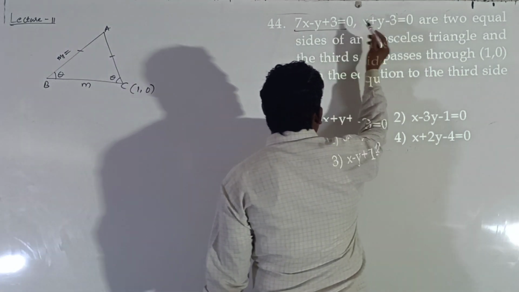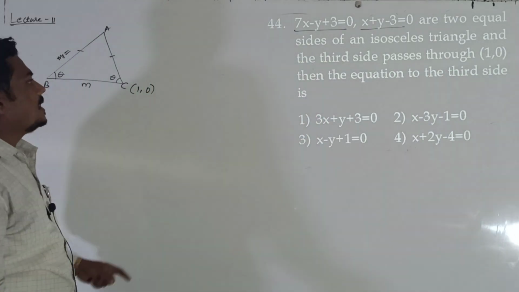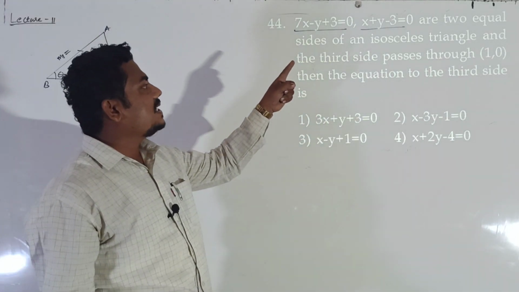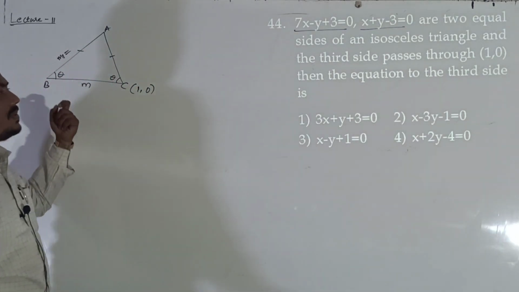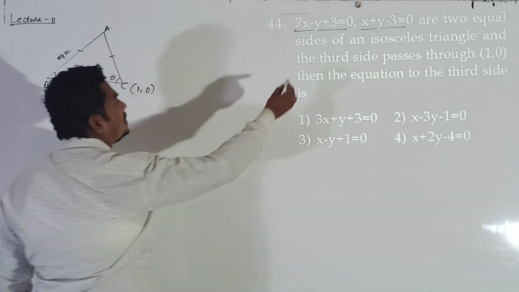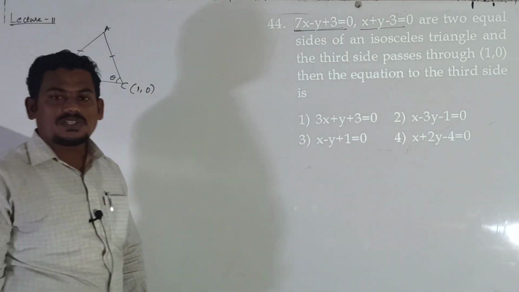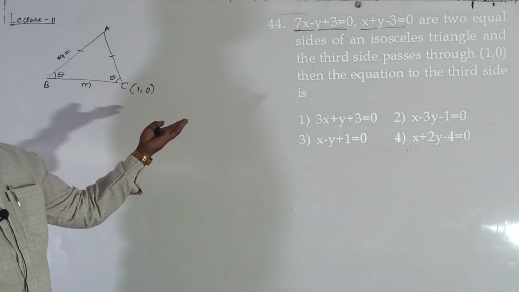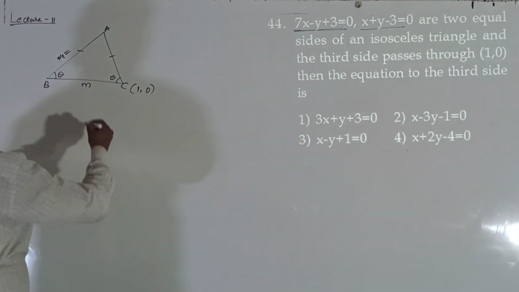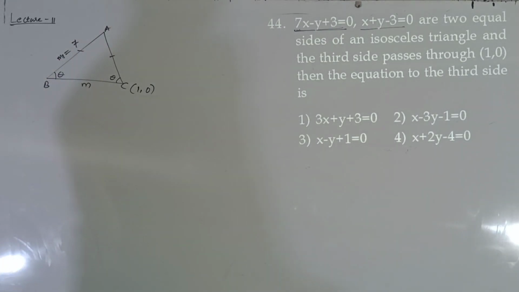This is the equation of AC, sorry, 7x minus y plus 3 equal to 0 is the equation of AB, you can take any one. Then can you tell me the slope of AB? What is the slope of this line? It is like ax plus by plus c equal to 0. Then what is its slope? Minus a by b means minus 7 divided by minus 1, means plus 7.